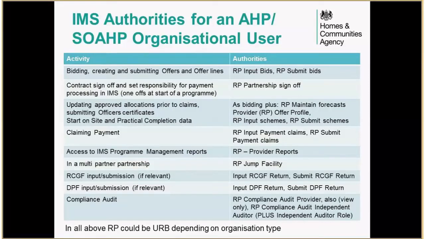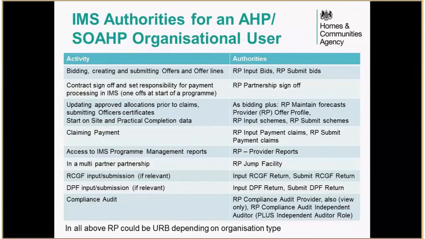If you're in a multi-partner partnership, then you may also need the authority RP jump facility. And that will depend on what you've set under the payment processing and how you're going to be accessing schemes. If you're accessing those schemes via the profiles, you don't need the RP jump facility.